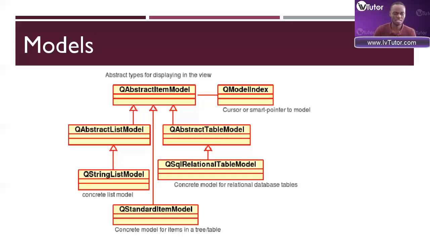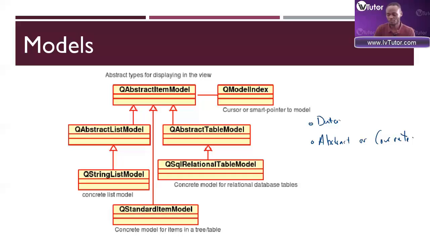Now, there are two aspects to models that I want you to understand. Number one, the kind of data that it's meant for. And number two, the type of model. Is it abstract or is it concrete? Abstract or concrete. This is very crucial, especially when you start comparing these models.